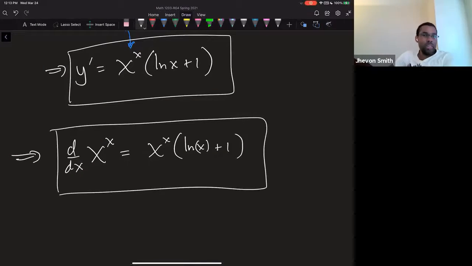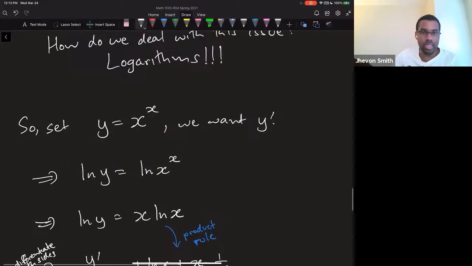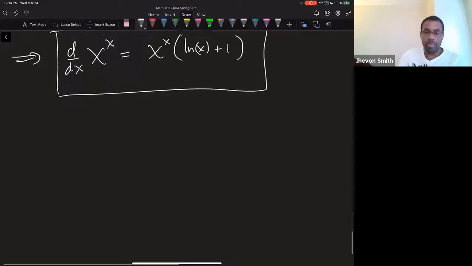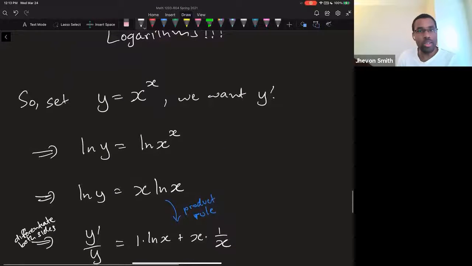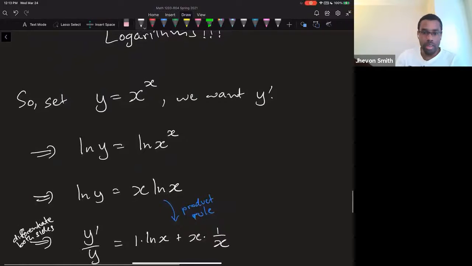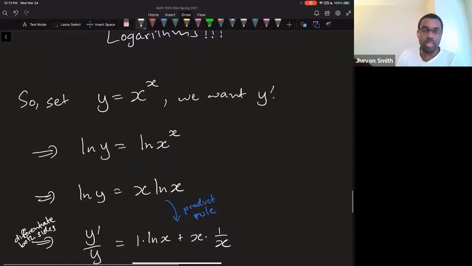Now, that's not a rule that you have to memorize, but the process that I use to get to this is what's important. And you might also recognize that this is the same process I actually used to derive the power rule for you. It was exactly the same process. Remember why we did logs when I was deriving the power rule, because the power was a problem, right?